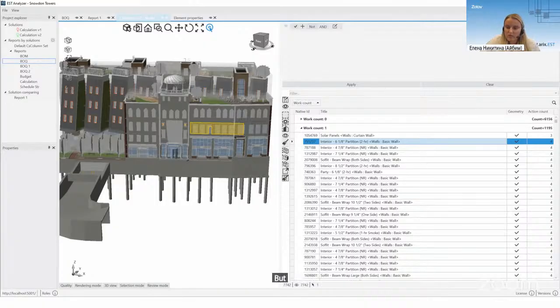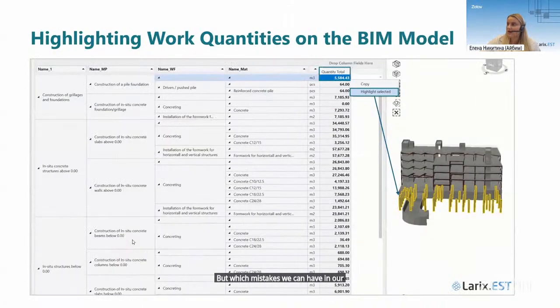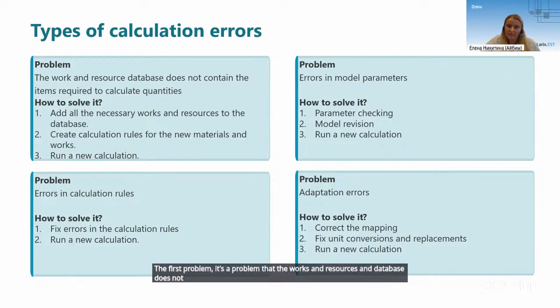But which mistakes can we have in our calculations and how can we fix them? The first problem is that the works and resources database does not contain the works that we need.